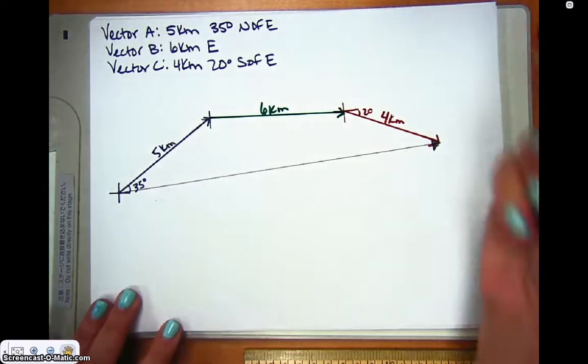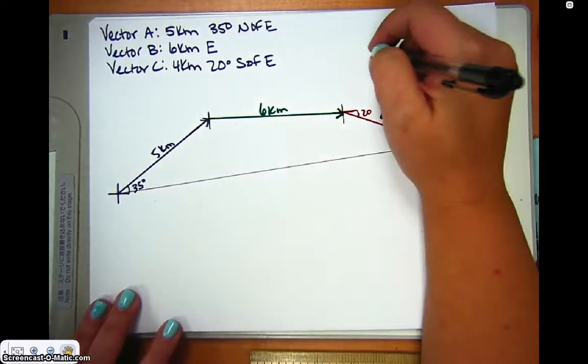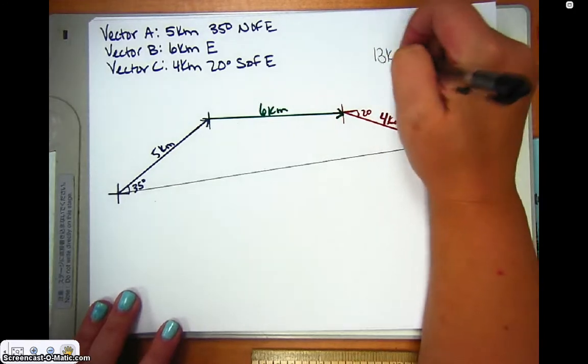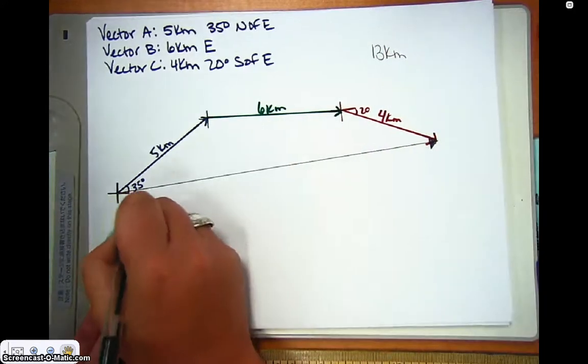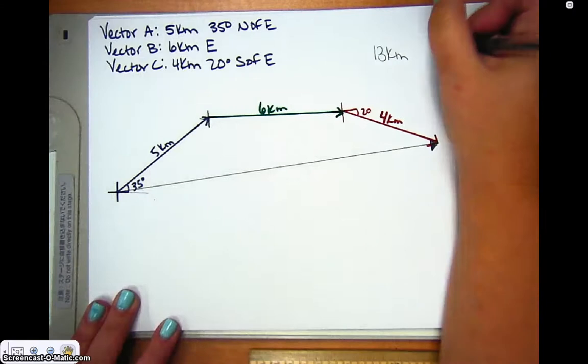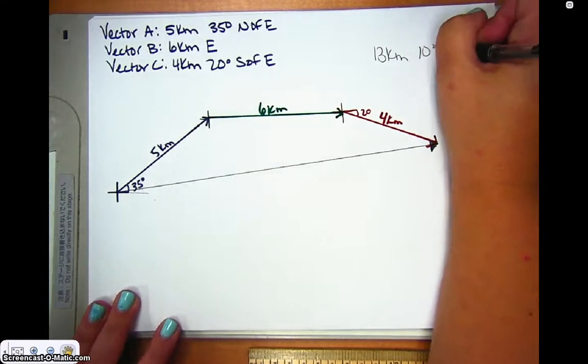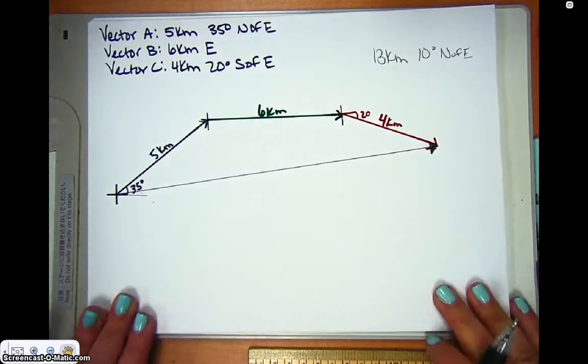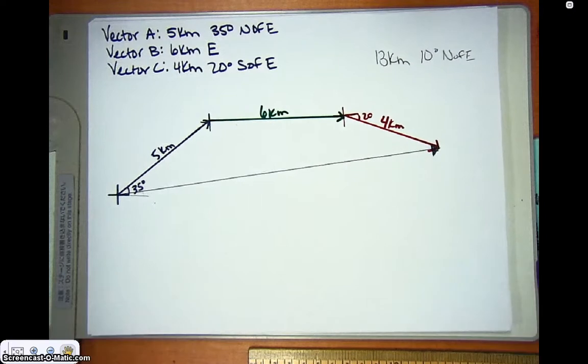And again, it's not perfectly to scale, so let's just say it's about maybe 13 kilometers. It looks a little bigger than twice. 13 kilometers. And if I were to guess an angle, maybe I would guess 10 degrees north of east, right? So let me go ahead and then use my component method in order to determine what the actual resultant vector is.